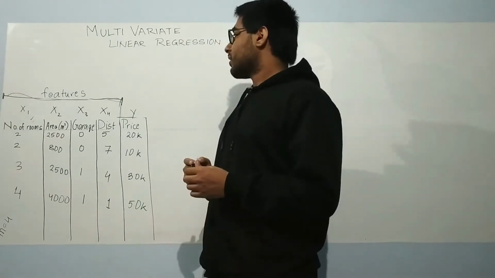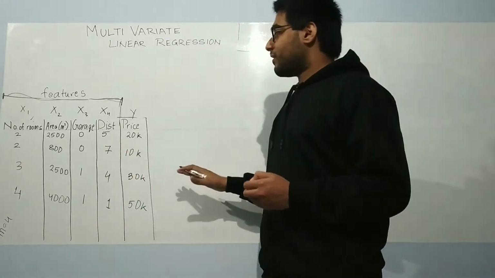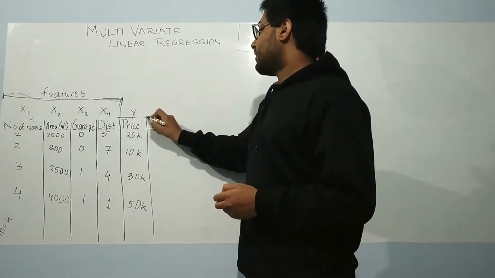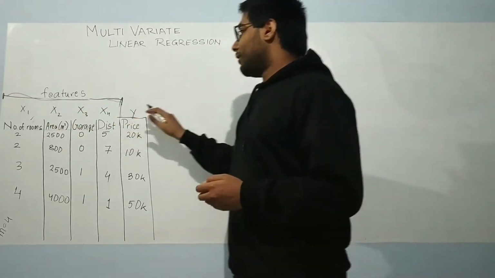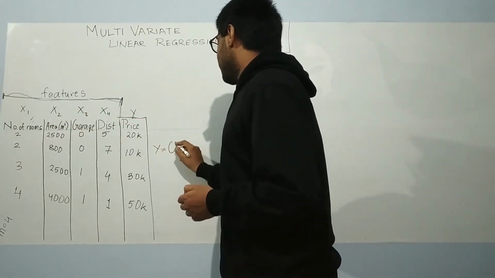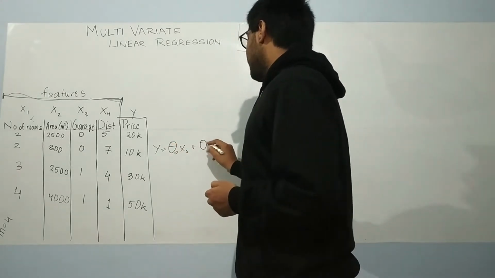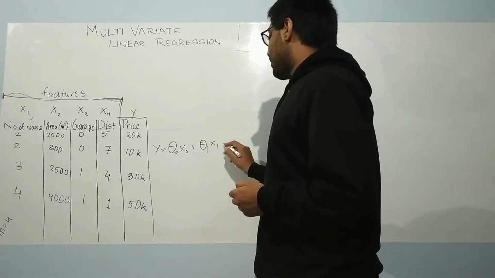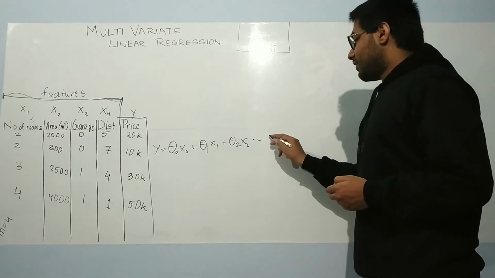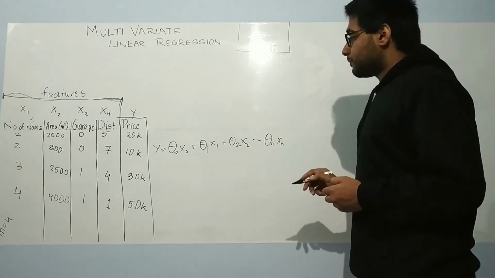We can make out from this data set that our dependent variable y must depend on these variables in the form of the equation y equals theta naught x naught plus theta 1 x1 plus theta 2 x2 and so on until theta n x of n.